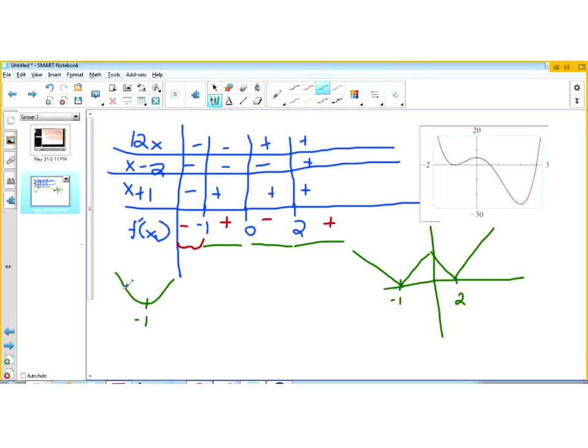If we know those four referential sketches, then x equals -1 constitutes a local minimum. To the left of 0, we're going up, we change at 0, and then we start going down. So at x equals 0, we have a local maximum. And at 2, we do the same thing we did at -1.